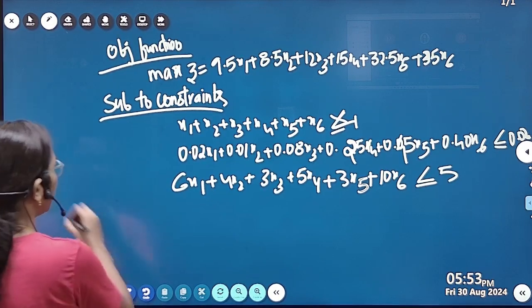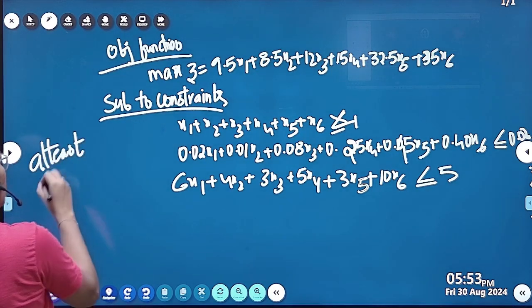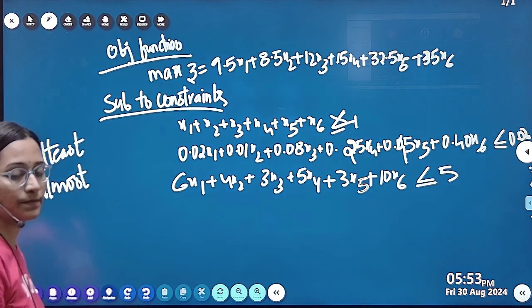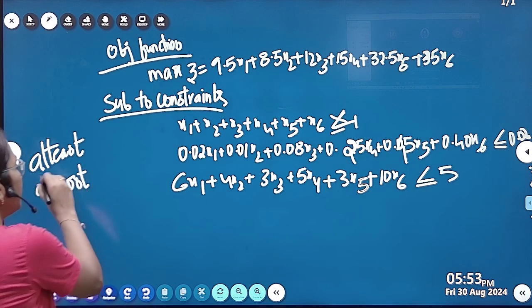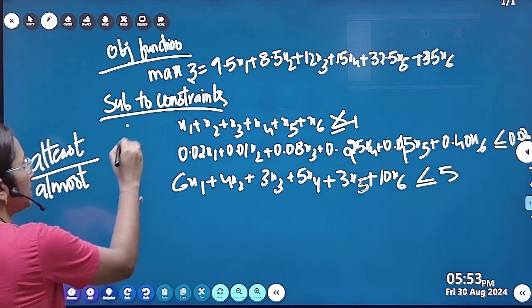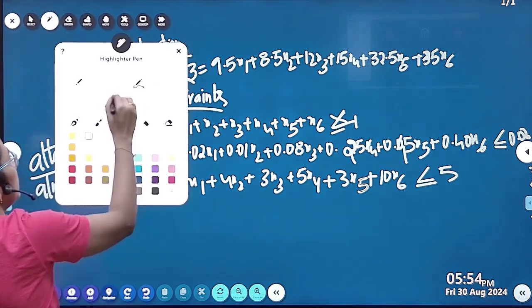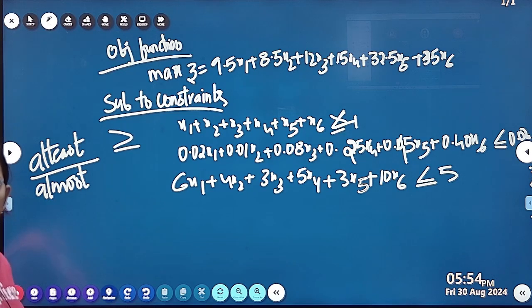Next, when in the question they are giving at least or at most, what does at least mean? At least it should be this much, but it may be more than that. So whenever they give at least in the question, the symbol should be greater than or equal to. Okay, greater than or equal to.